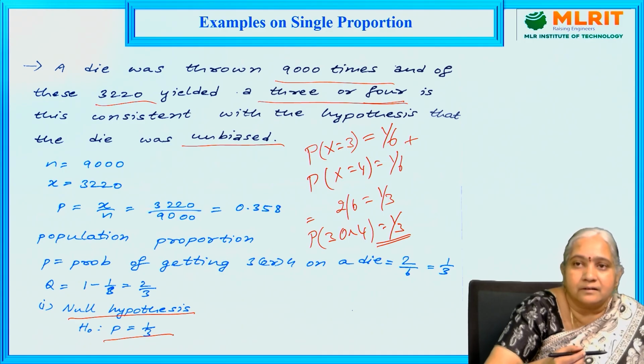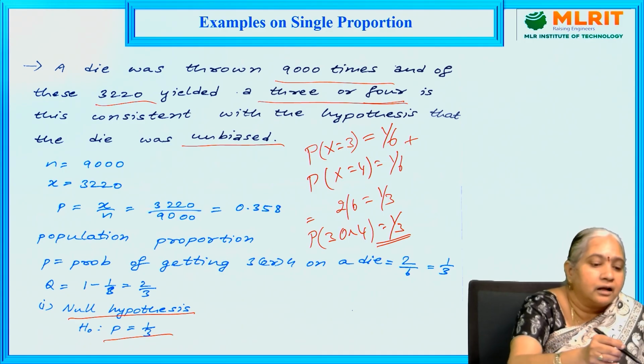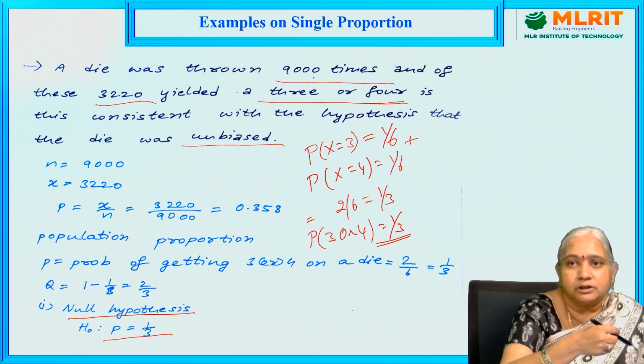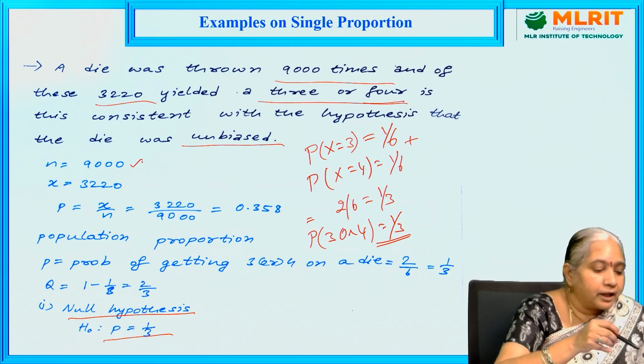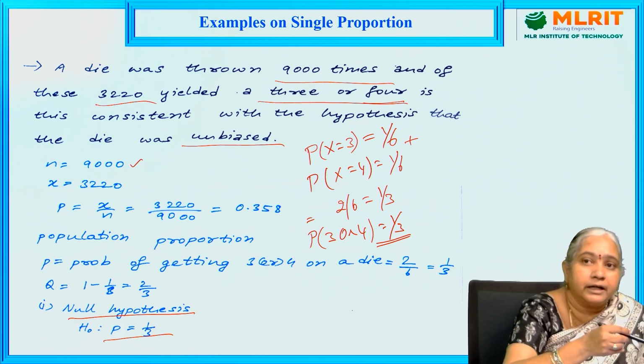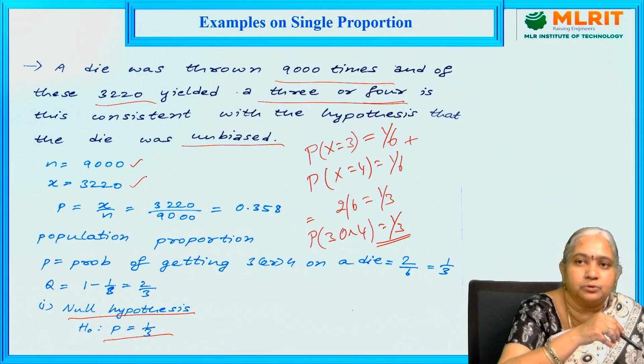Now what is the sample proportion? This experiment is done 9,000 times, which is the sample size, so N equal to 9,000. Out of 9,000 times, 3,220 times yielded 3 or 4. This he has observed, so the X value is 3220.